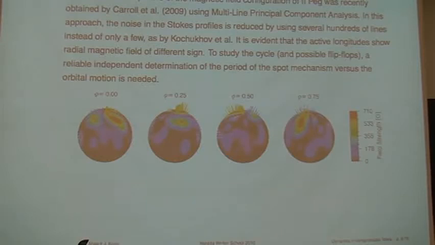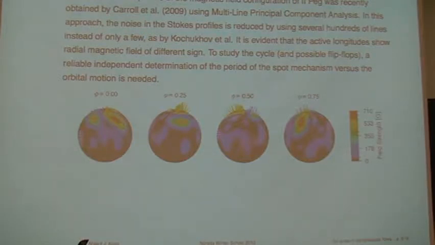But here they take hundreds of lines and use all of those in their inversion. And at least for this particular case, unfortunately I don't know from which year this is, they do see a kind of bipolar pair of spots at the polar regions, which would of course be nice, because this is what the very first temperature maps showed: you have two spots at high latitudes.